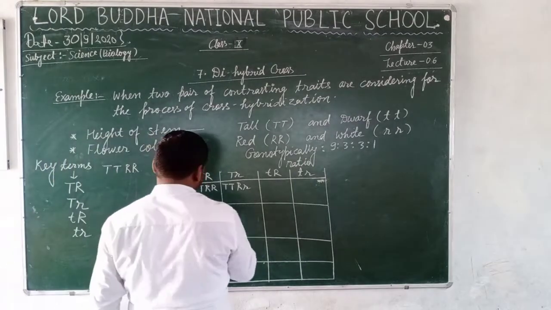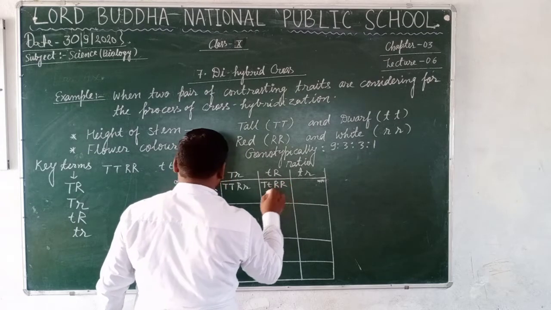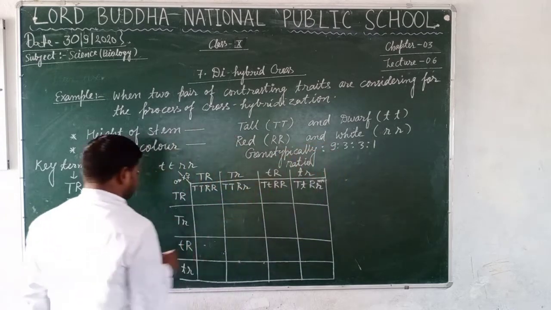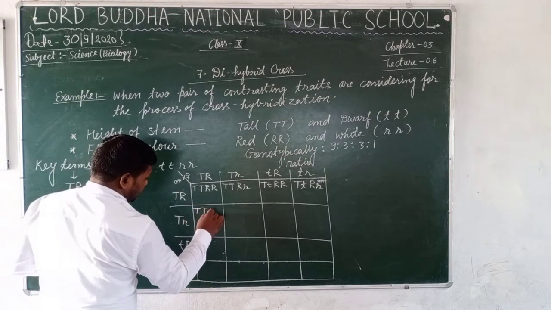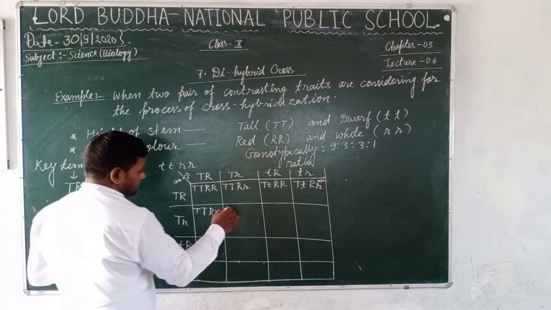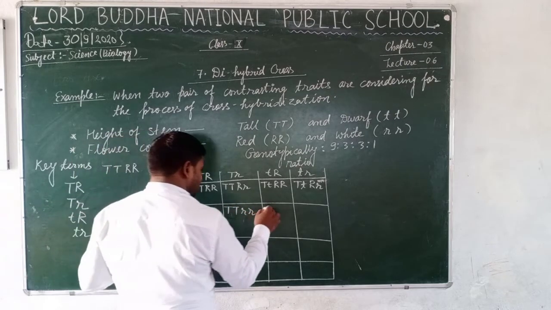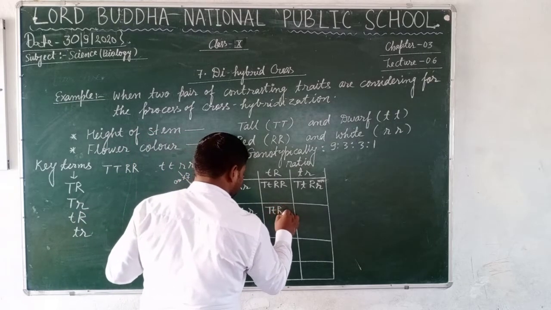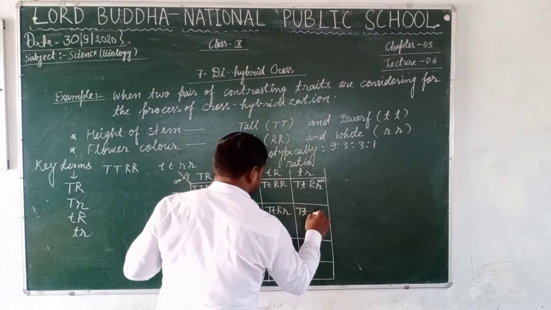Okay students, capital T small r capital R, capital T small t capital R small r. Now here capital T capital R small r, capital T small r, capital T small t capital R small r, capital T small r.